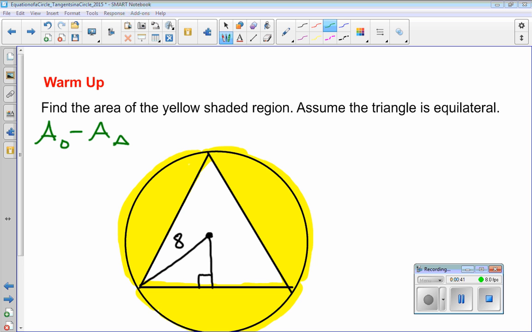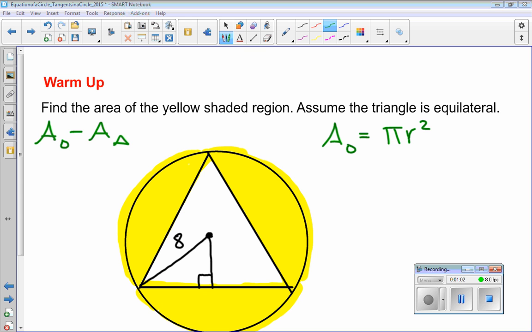Okay. So how do I start with the area of the circle? What's the area of the circle? Pi r squared. I agree. And that is a formula that will be on your SOL formula sheet. You have it in your SOL binders that we'll look at probably next class again. What information am I given in the problem?